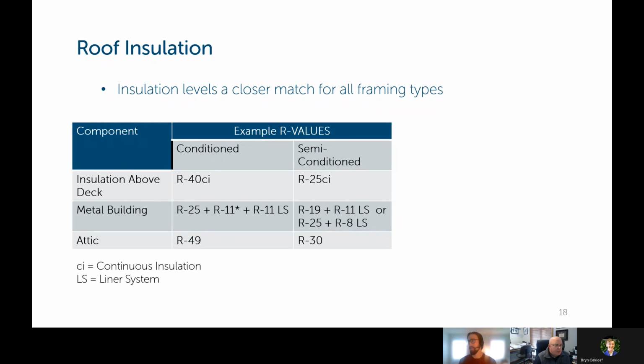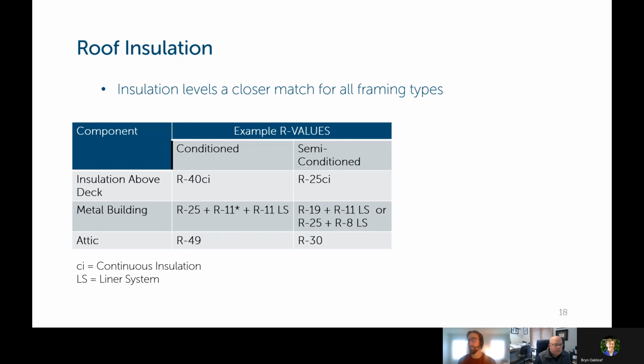So these are the new roof insulation required levels. And as you can see here, there's a requirement for a fully conditioned building and any semi-conditioned space also, which is a little more than half the requirement of a fully conditioned building. So again, I want to reiterate that semi-conditioned is pretty low energy use.